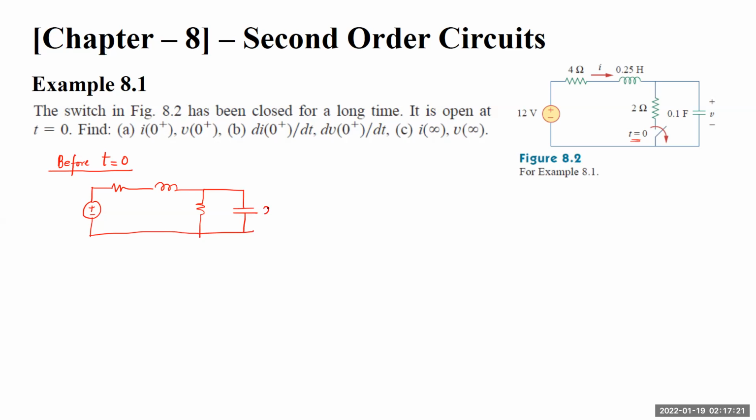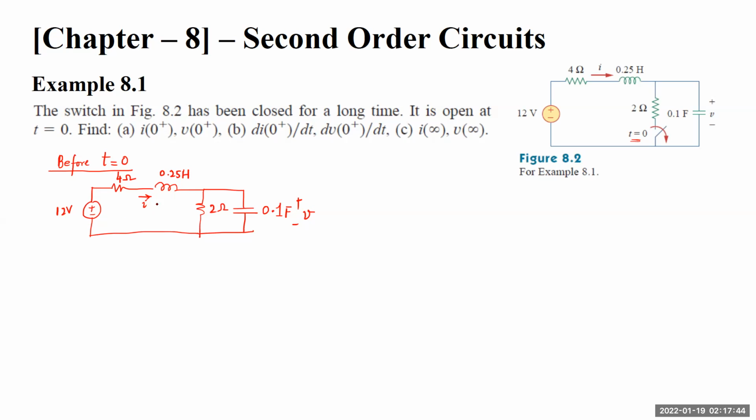We have a 0.1 farad capacitor here, a 2 ohm resistance, current i is here, a 12 volt source, and 4 ohms, and this is a 0.25 henry inductor.